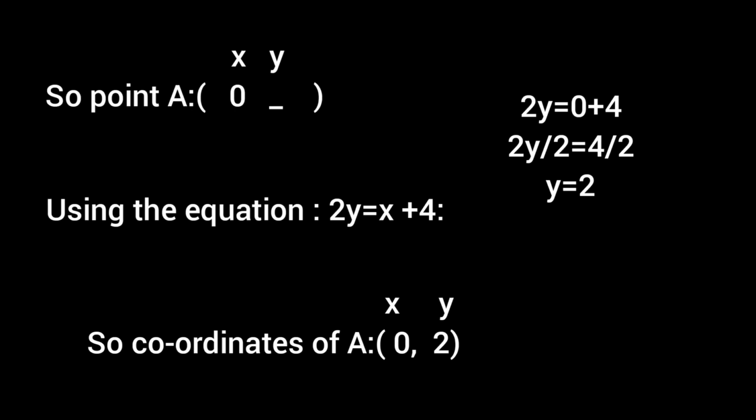So using the equation, 2y equals 0 plus 4. Divide both sides by 2, we have y equals 2. So the coordinates of A are (0, 2). Please, all we have to do is manipulate the formula and input the data so we can have our values.